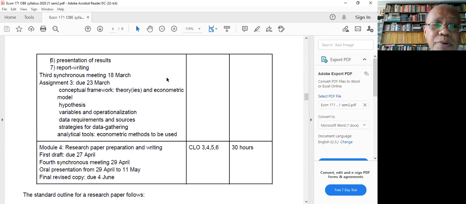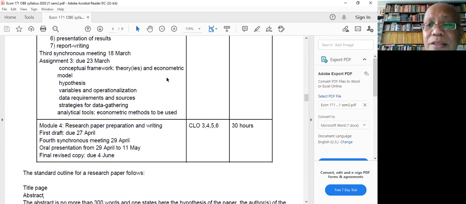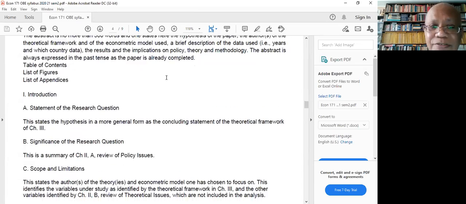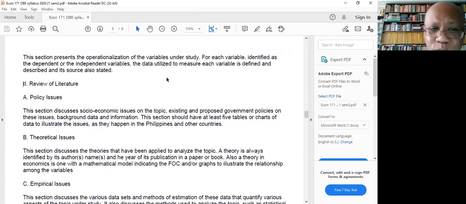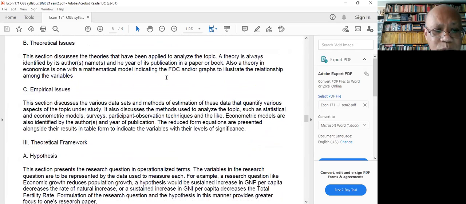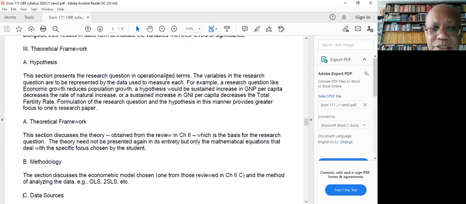When you submit your paper on March the 23rd, normally you present it with subsections, like hypothesis, variables and operationalization, data, subsections to that. But when you write your first draft and the final, remove all those subsections, but merely use the subsections here.